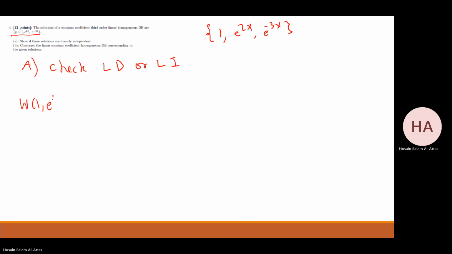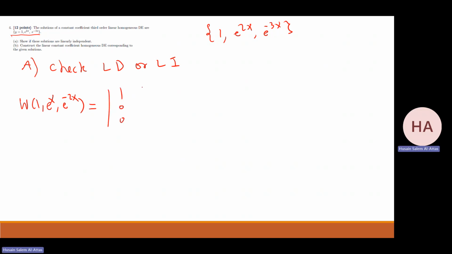Okay, the solution of a constant coefficient third order equation are these. This is the set: 1, e to the 2x, e to the minus 3x. First, he wants me to check whether they are linearly independent or dependent. I'll check through the Wronskian. Let's see what will happen.